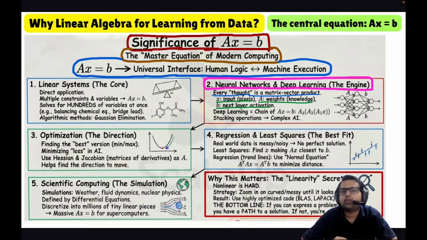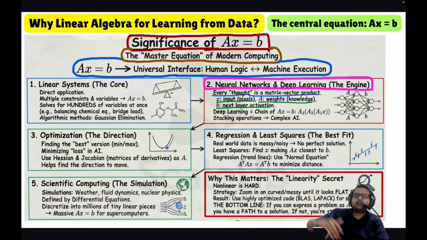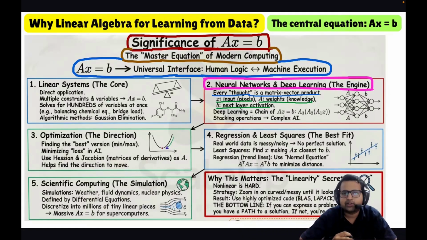When I multiply the input with the weight matrix, the output I'm getting is B, and I send it to the next layer. So Ax = B is the engine of the neural network. X is the input, A is the weight matrix, the knowledge, and B is the next layer activation.